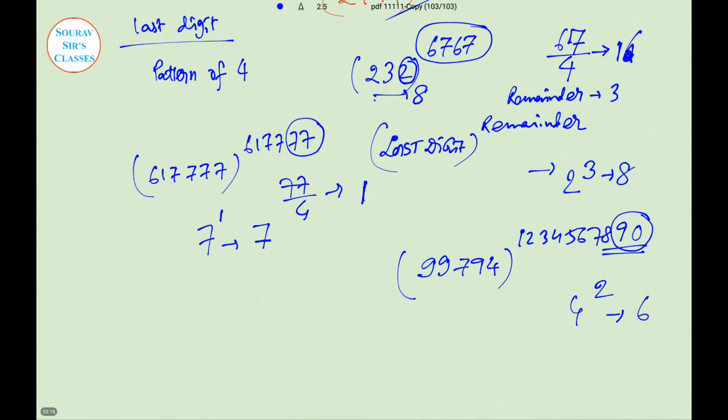Many teachers may tell you, in case of 5 this is the rule, in case of 7 this is the rule, in case of 0 the last digit is not changing, even in case of 6 it's not changing, but forget it, you don't need to do it. Still, 1, 5, 6 and 0 are the 4 digits where the last digit is not changing with respect to the power. Okay, so that's all for the last digit finding.